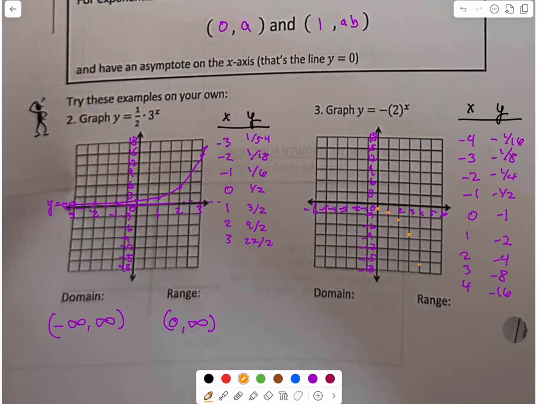Anything else goes off the chart approximately. Negative 1, negative 1/2, and these basically just get infinitesimally close to 0, like that. So we got a horizontal asymptote, y equals 0, and we can connect those with a smooth curve.